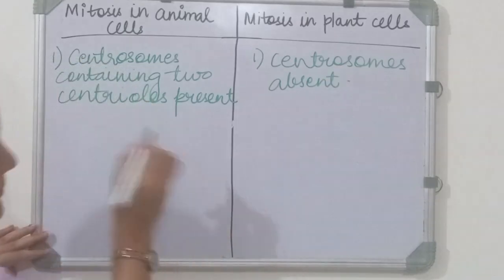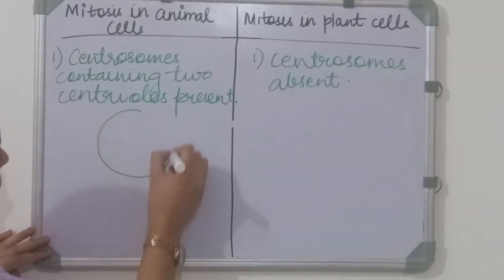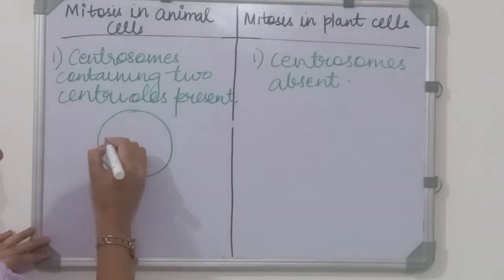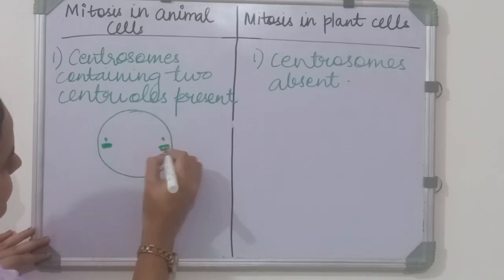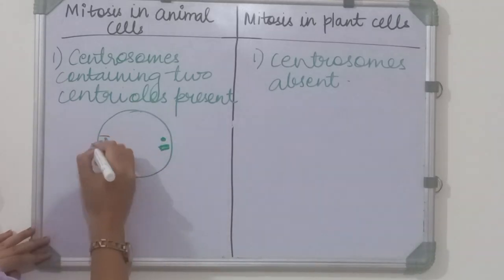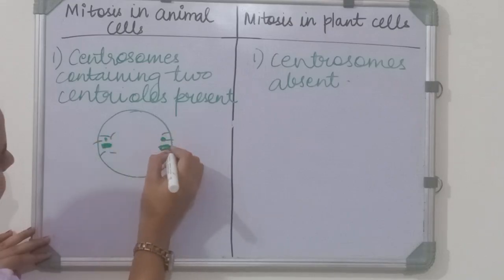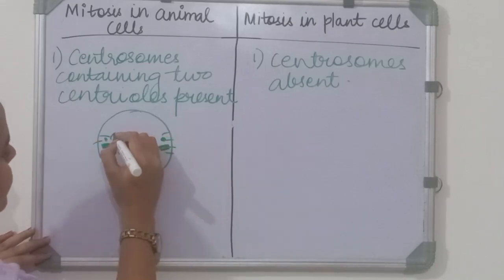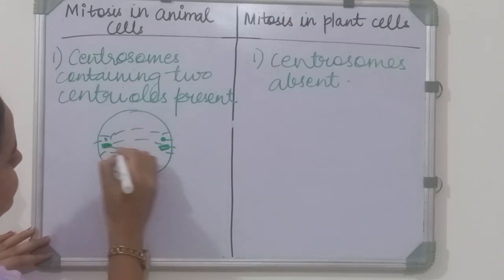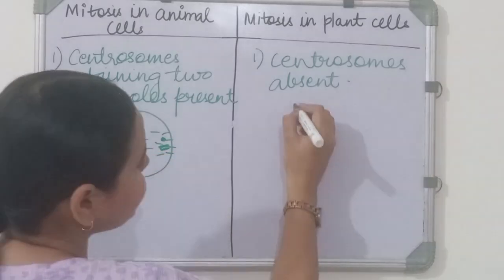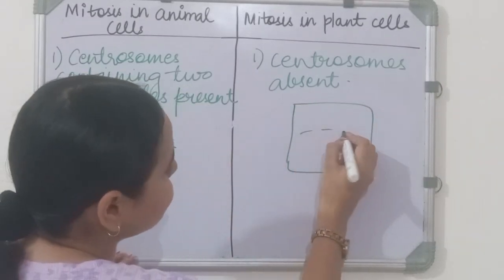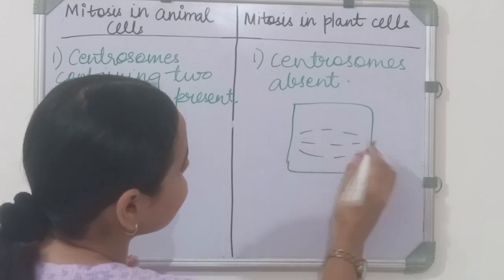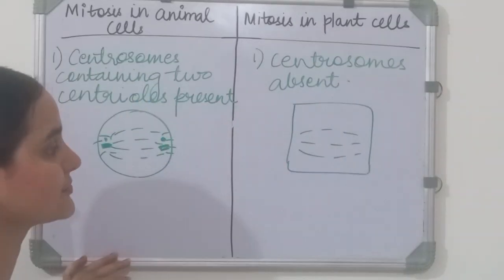I am drawing the diagram. Suppose this is our animal cell. This is our centrosome containing two centrioles, and these are the aster rays. And from here the spindle fibers are formed. In case of plant cells, the spindle fibers are formed, but not with the help of centrosomes.